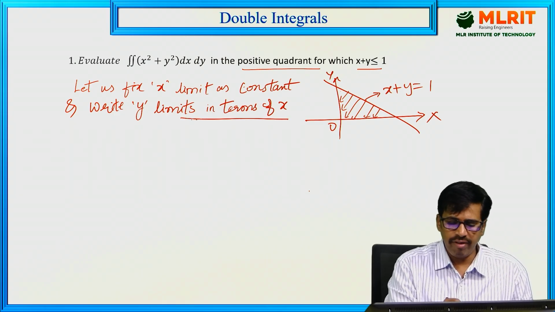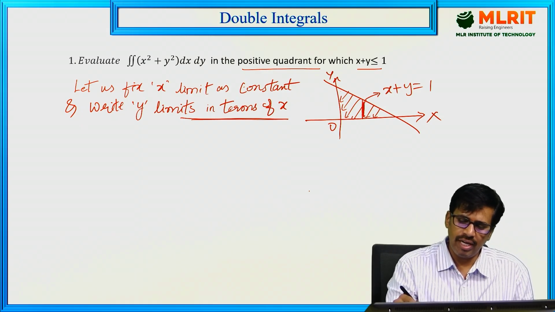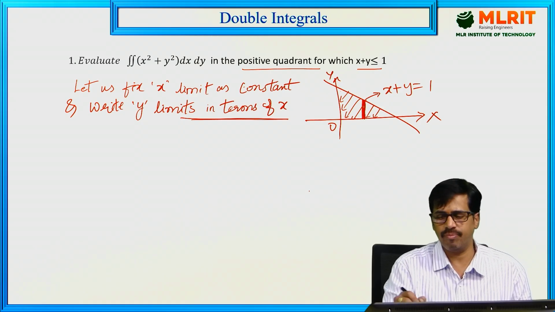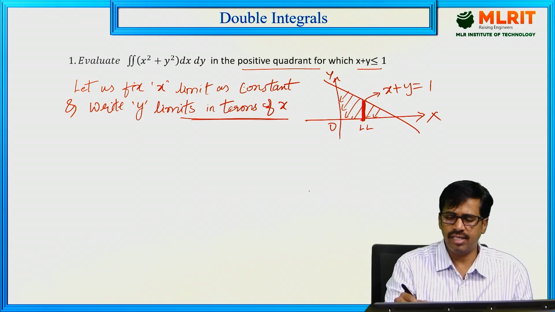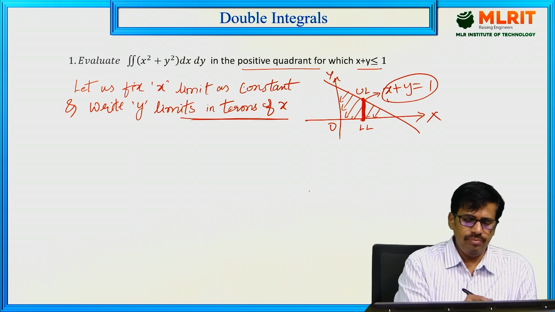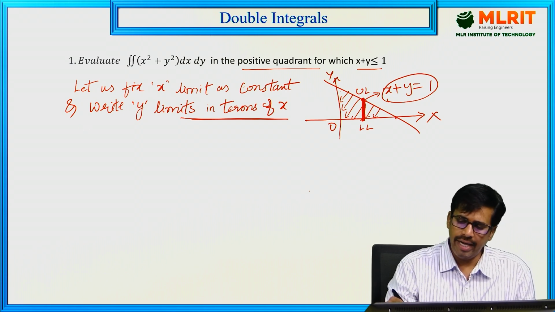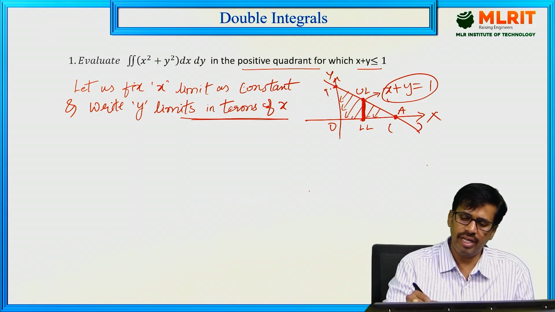To write down y in terms of x, what we have to do? Draw a vertical strip or a vertical line in the region of integration. The lower end of this line, wherever it touches the x axis, is the lower limit. The upper end of the line touches this line x plus y equal to 1, so that is the upper limit. So label the corner points of the region of integration.